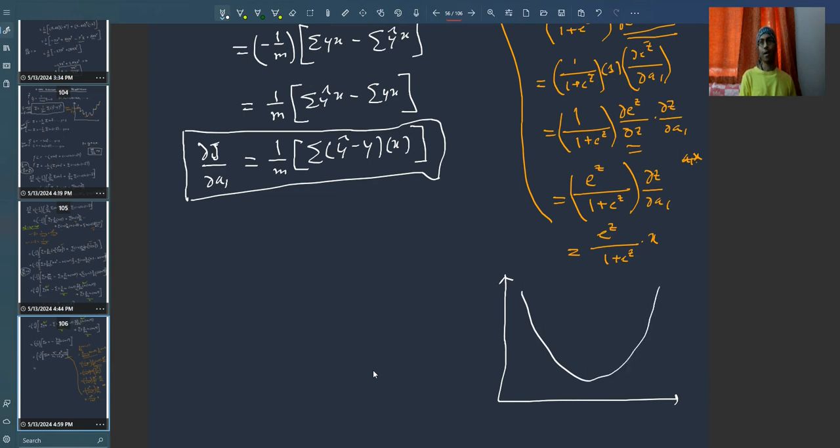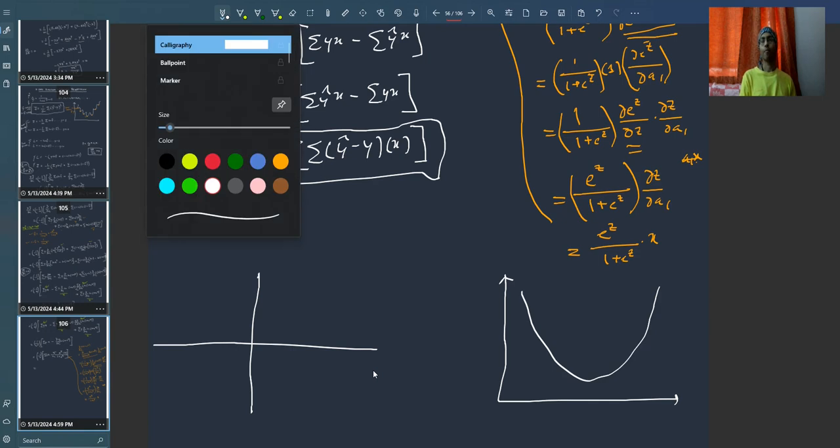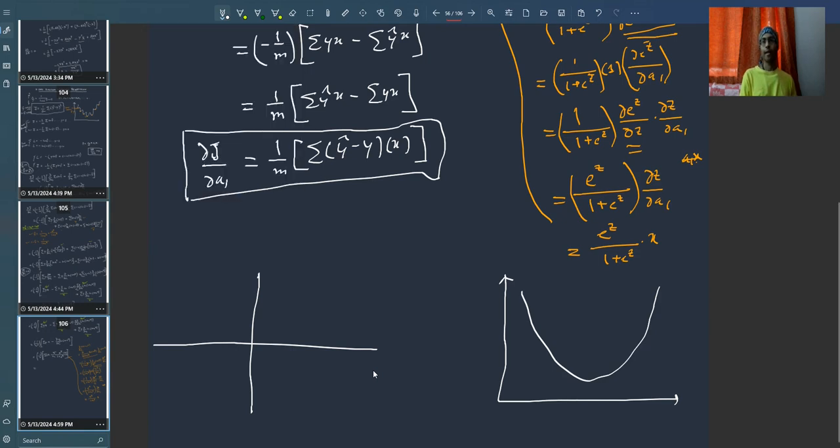Now let's say we have put certain weights, A0, A1, in the logistic regression, and the ideal curve should be something like this, where this is the 1, this is the 0, and this is the curve.